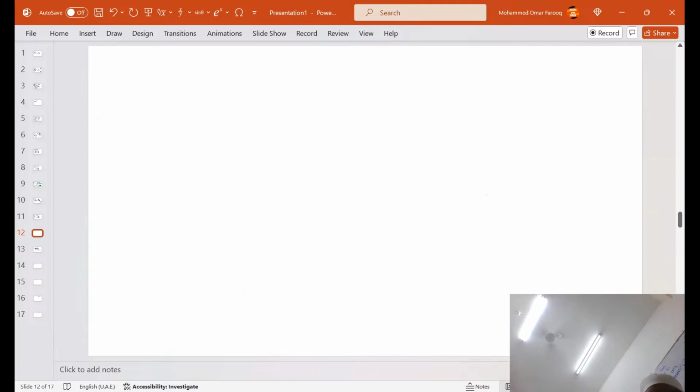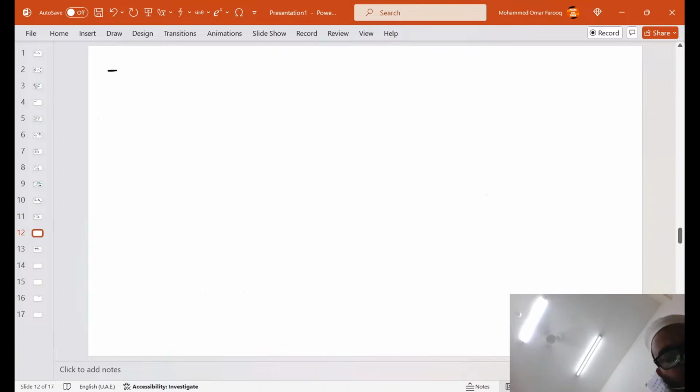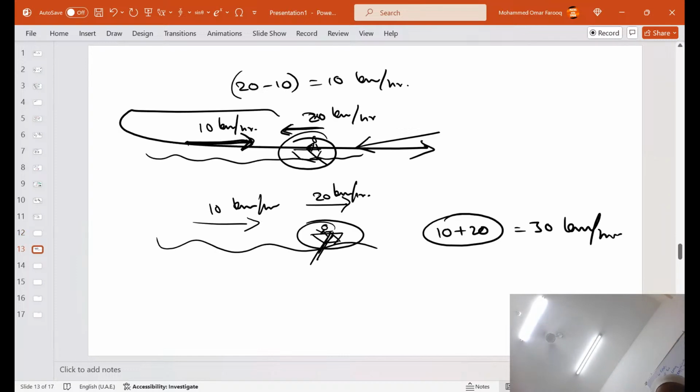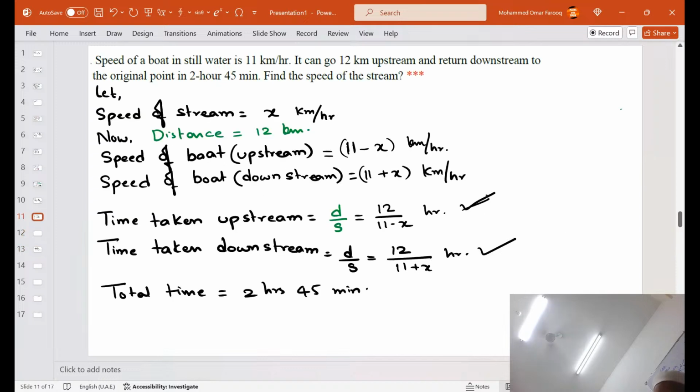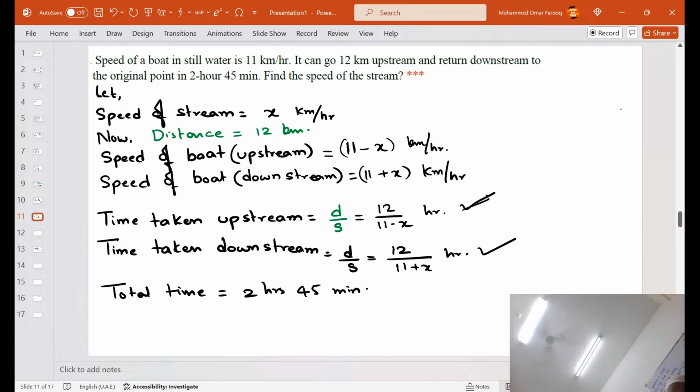What is the previous one? So 12 by 11 minus x plus 12 by 11 plus x is equal to 2 hours 45 minutes. See here one interesting part.